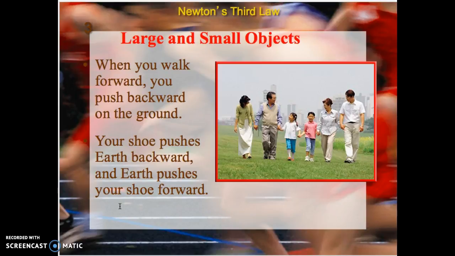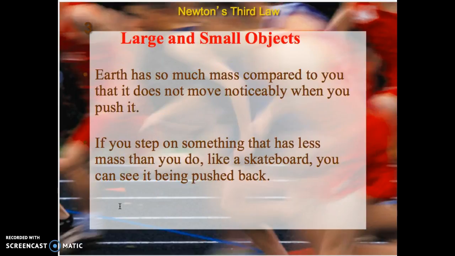Obviously, if it was a smaller object that we were pushing on, we would actually move that object. But because the earth is so big, we don't push it backwards when we walk, and that's because it has so much mass compared to us. An example of something smaller is if you step backwards onto a skateboard, the skateboard is going to push backwards when you go forwards.